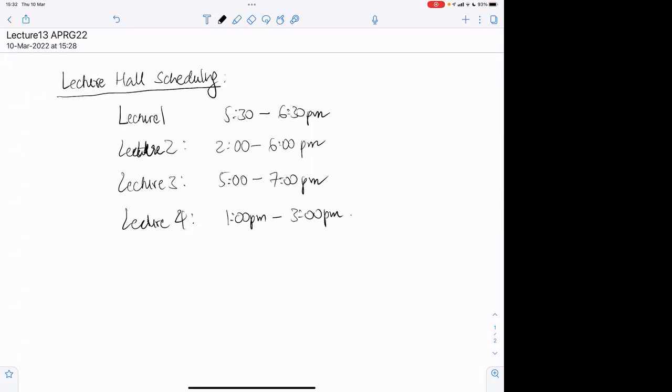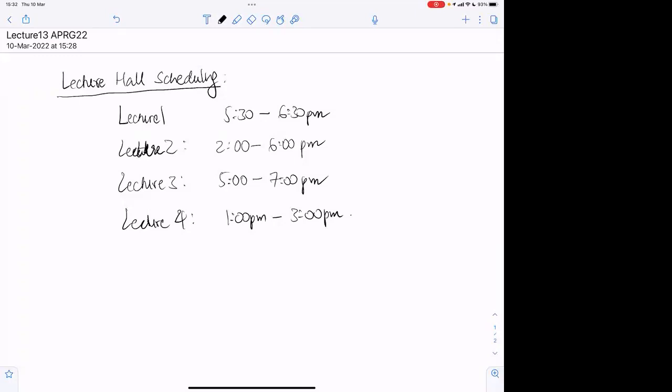Now you want to know what is the minimum number of lecture halls you need to provision in order to be able to schedule all these lectures. Correct?